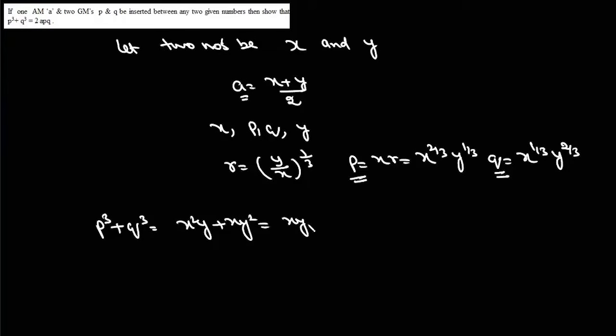So we can take XY common and then it will be X plus Y. Now if we multiply P and Q, it will be X to the power 2 by 3 into X to the power 1 by 3, which is simply X. In the same way, it is Y to the power 1 by 3 into Y to the power 2 by 3, which is Y. So we can write this XY as PQ, and we know that X plus Y is nothing but 2A. So it will be 2A into PQ, which is what we need to prove in this question.